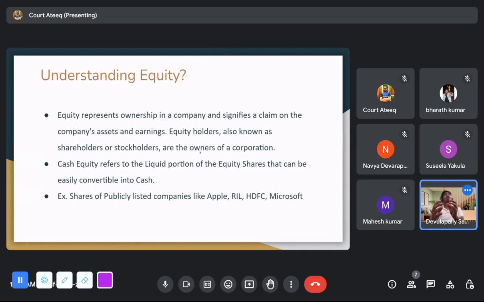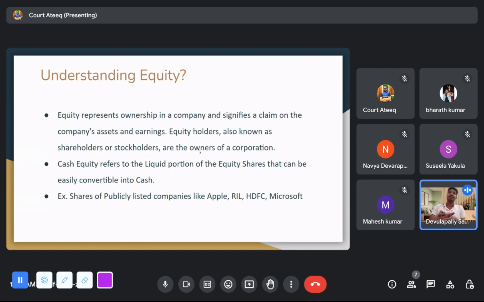In the flat example, say the price is 1 crore and you financed it with an 80 lakh loan and 20 lakhs as equity. This is also equity, but it is the illiquid portion of equity, not liquid. That is the main reason.